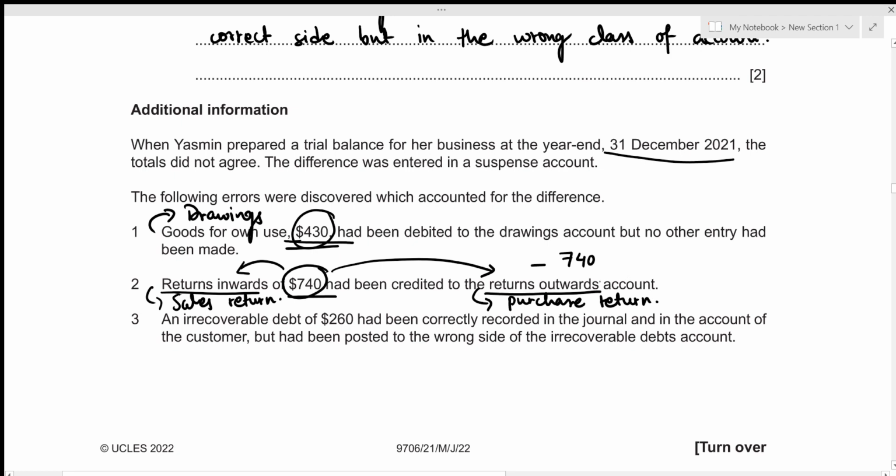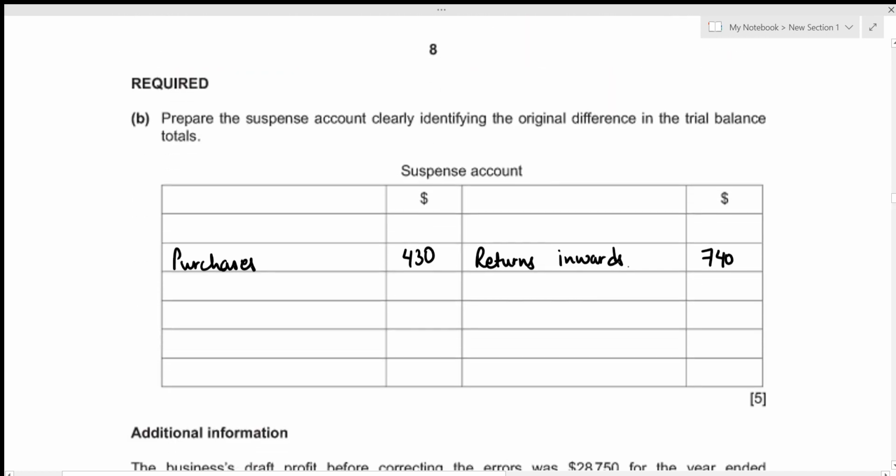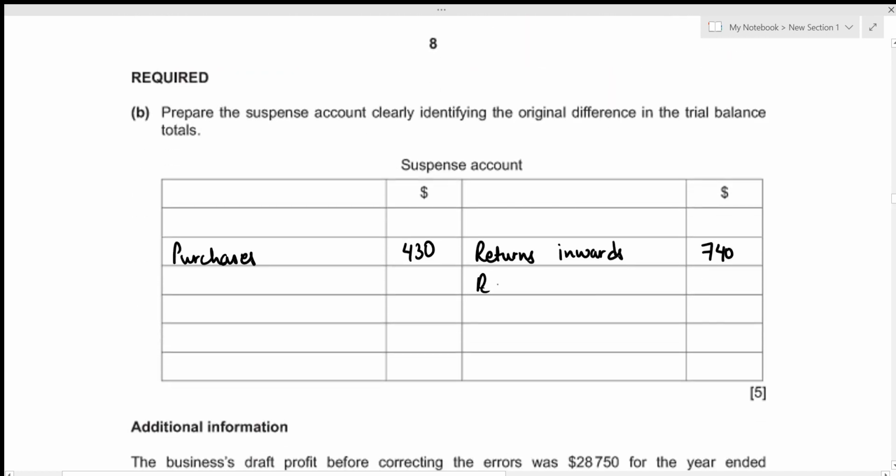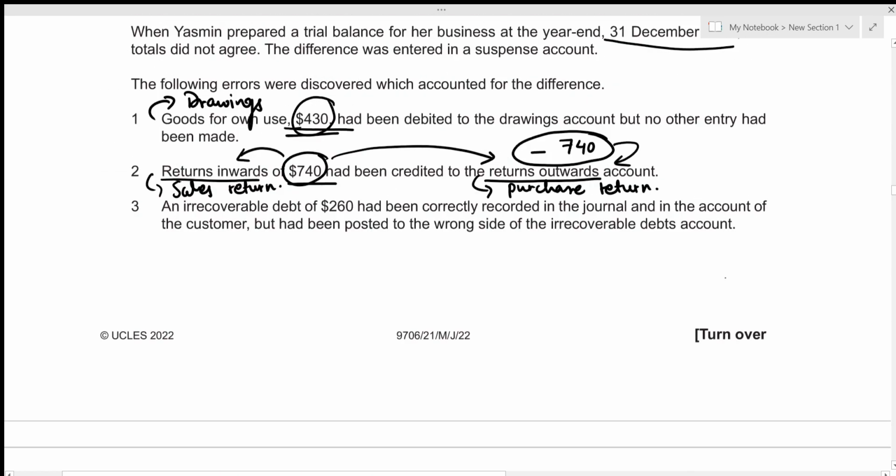We're talking about a reduction, and reductions are always recorded on the same side in the suspense account. So we're going to record the 740 under the heading of returns outwards on the credit side in our suspense account. Let's do that. So that's returns outwards with the value of 740. Let's have a look above.